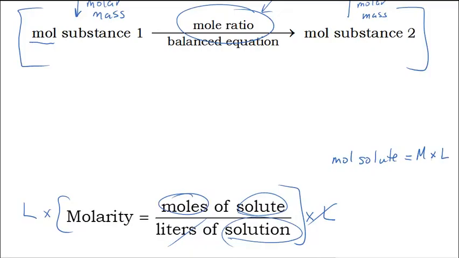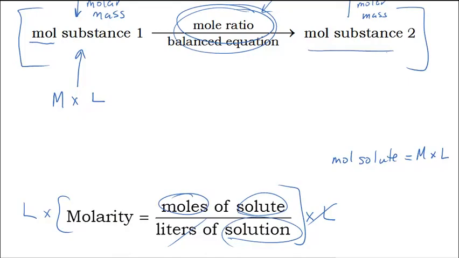So for solution stoichiometry, you might start off with a solution where you know the molarity of the solution and you know the volume of the solution. It might not be in liters to start, it might be milliliters, but you could take care of that. And then we can get the moles that way. So rather than converting grams to moles, for solutions a lot of times we'll have to take molarity times liters to get to moles. And then we again apply the mole ratio to get to moles of something else.